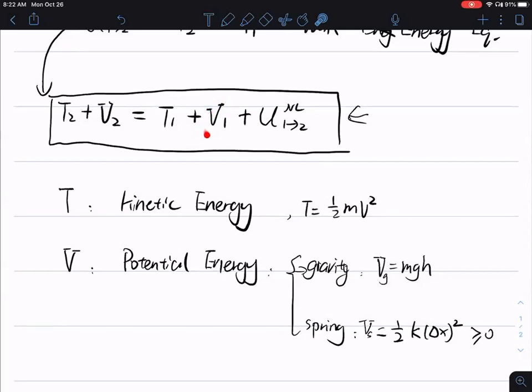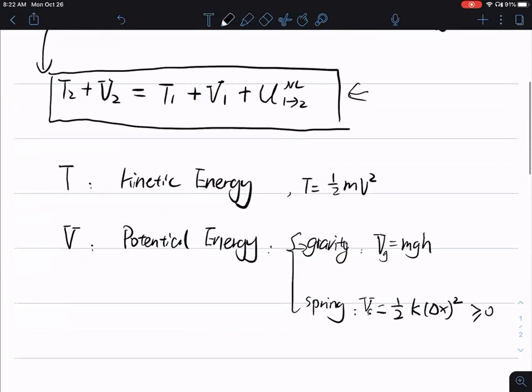To calculate it, you need to consider both gravitational potential energy and spring potential energy, so V equals Vg plus Vs at any position.